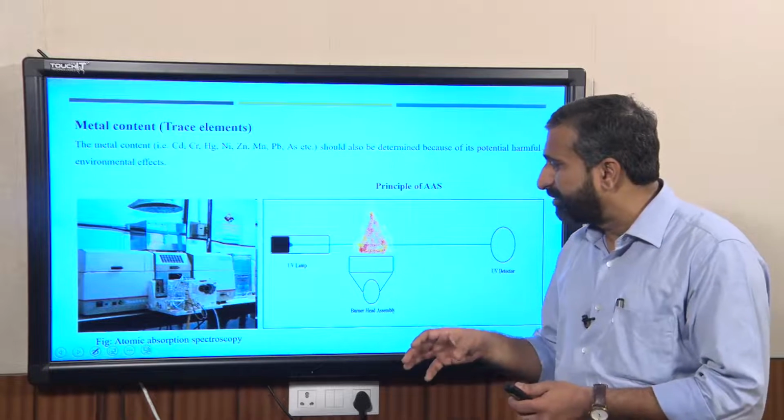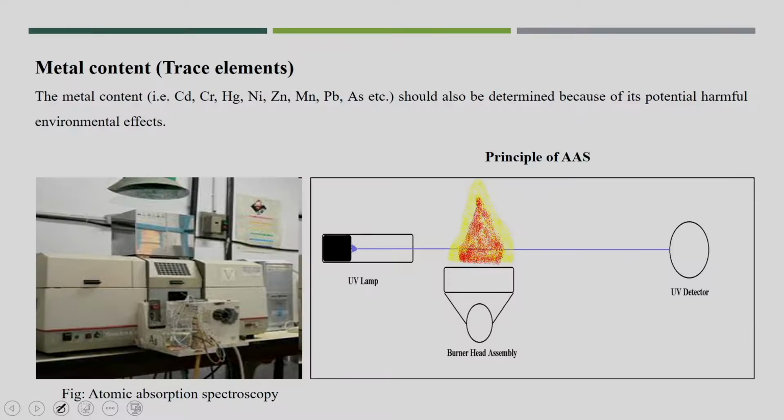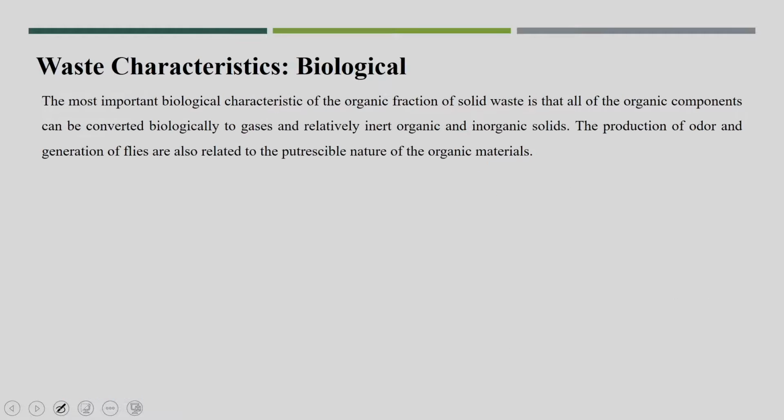This analysis we normally do by atomic absorption spectroscopy. Because it is a solid material, the dried ground powder has to be digested and converted into a liquid sample and analyzed by the atomic absorption spectroscopy instrument.